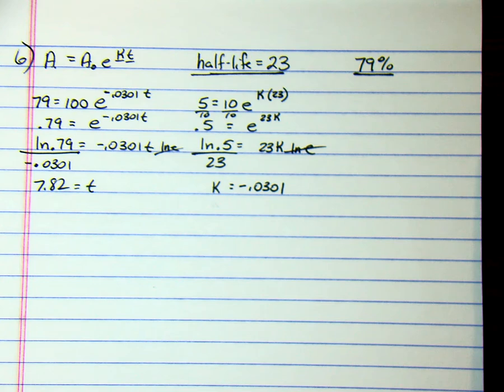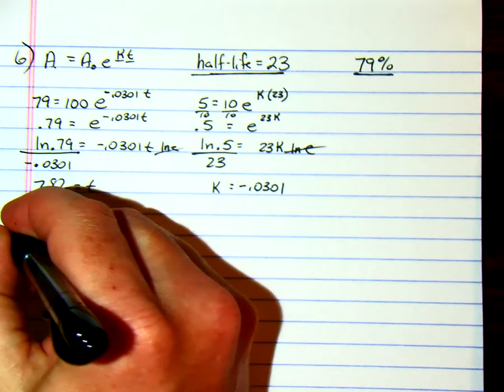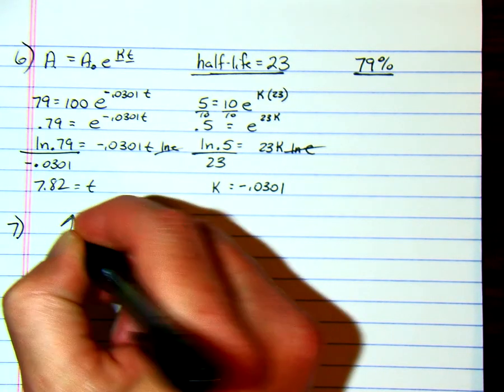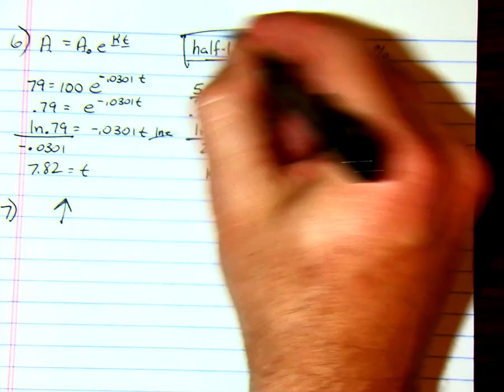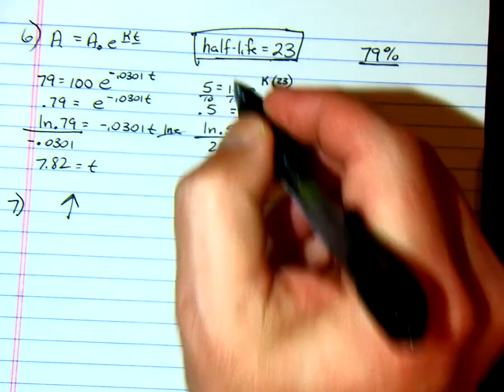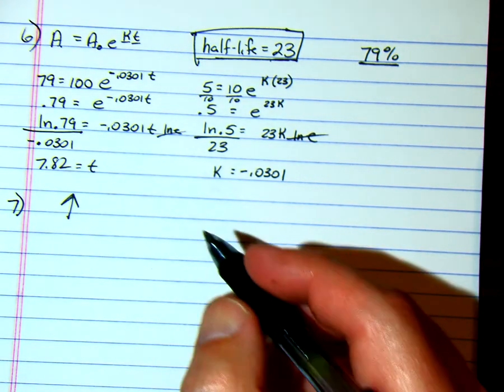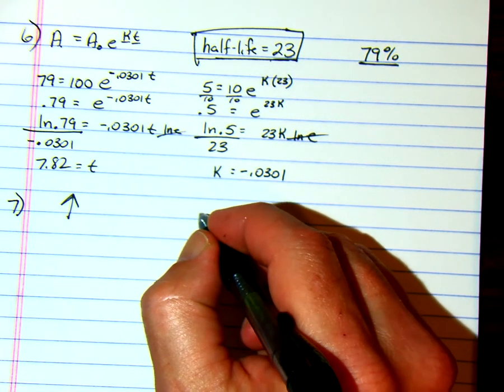Okay? The half-life of a certain tranquilizer in the bloodstream is 27 hours. Number 7 looks exactly like number 6. We're going to use that half-life. It tells me my half-life is 27 hours.